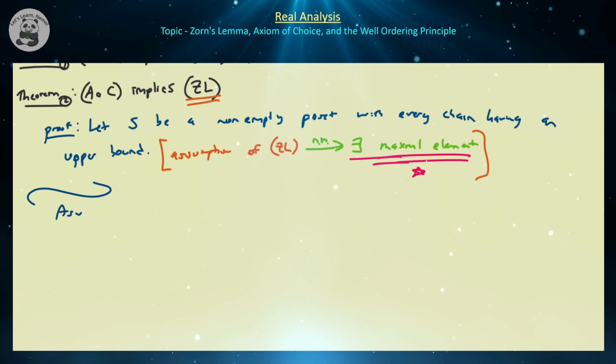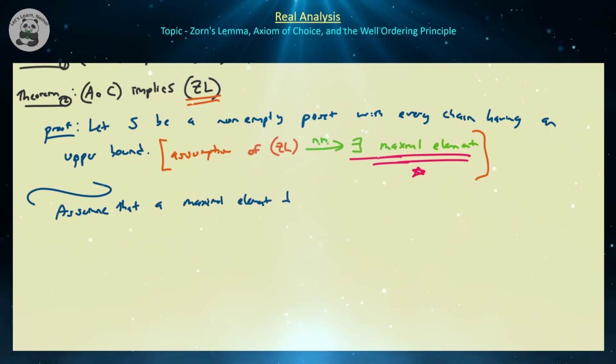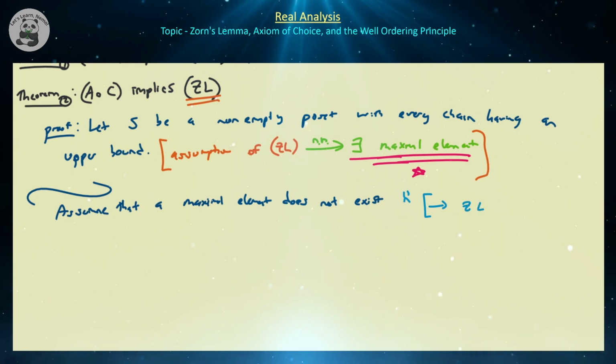So let's assume that a maximal element does not exist. Let's hope and pray that we can find that contradiction. Because if we assume that a maximal element does not exist, then this will imply that Zorn's lemma is false.